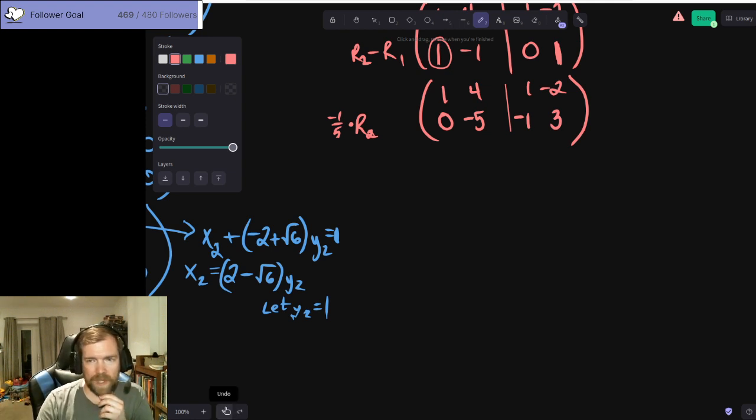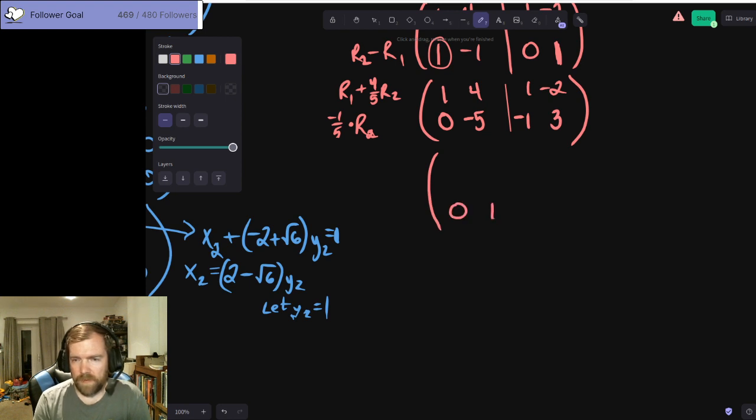Either wait until we have fractions in here or just clean it up now. So we want to keep row 1 more or less the way it is, but then we're going to add 4/5 of row 2. Either way, you end up getting the same stuff, so it's fine.